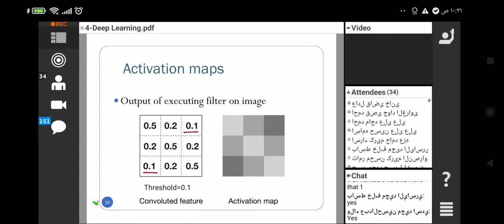We have some formula to change the numbers so the sum of the numbers is 1.